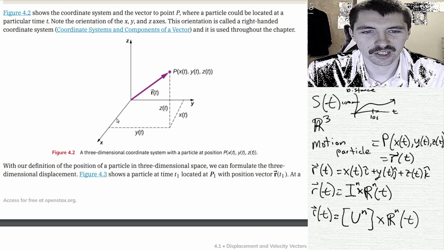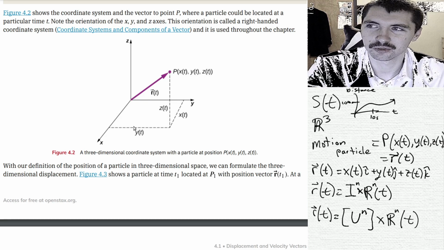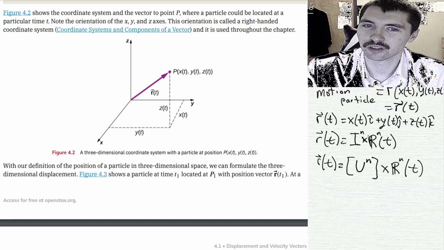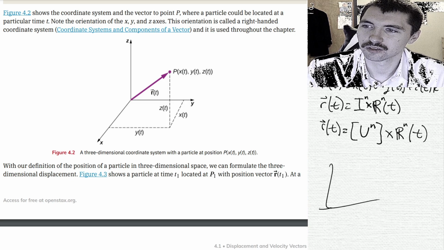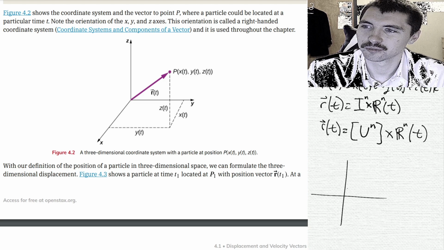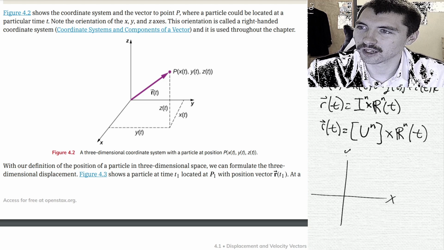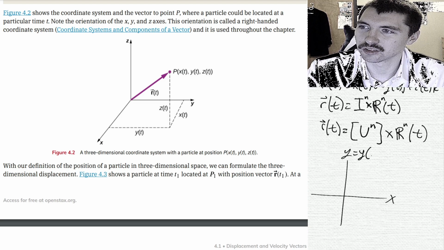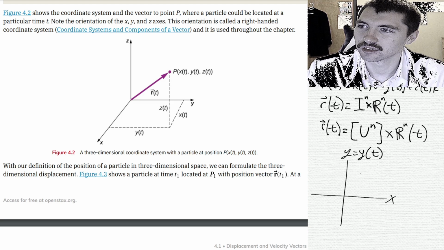The particle might fly here. That would be your x. And then the height of the particle might be your y of t. So when you draw a coordinate system, you could label it x, y, but really this y is the same thing as y of x in this case.